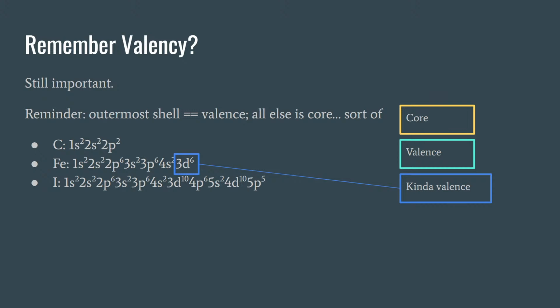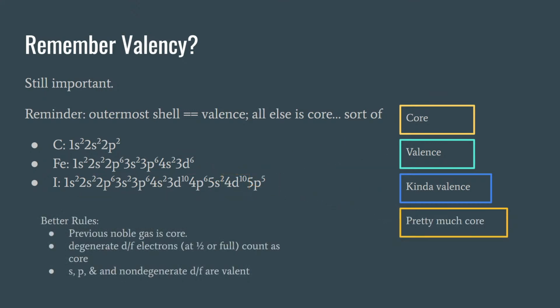So these d electrons, 5 of them are honorary core. Only 1 of them will act as a valence electron. A half full subshell will be core. A completely full subshell will be core.